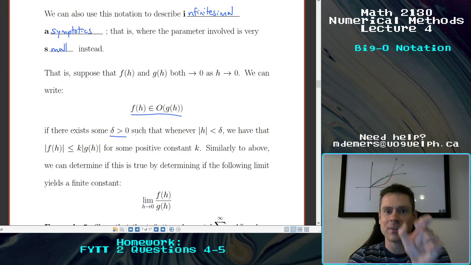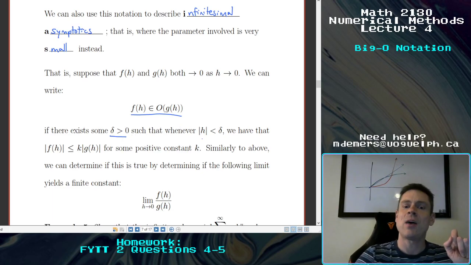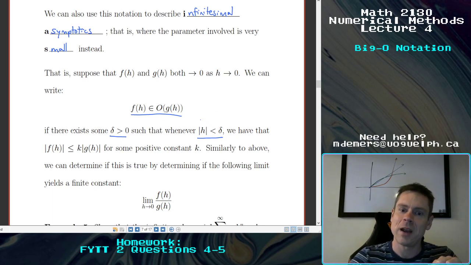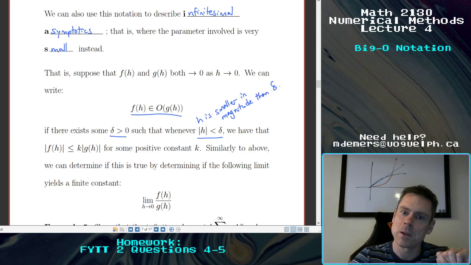Think about this like some threshold again, such that whenever h is smaller in magnitude than delta, so whenever h, I'm going to write this down because I think it just helps to get it out of the math for a second. Okay, i.e., if h is small enough.